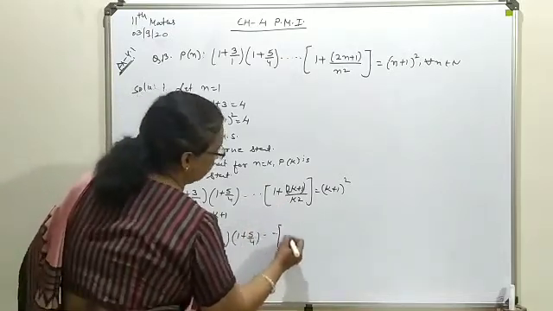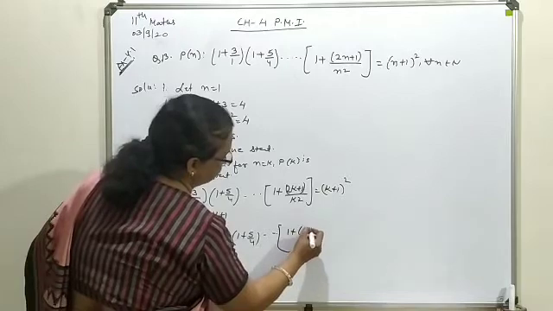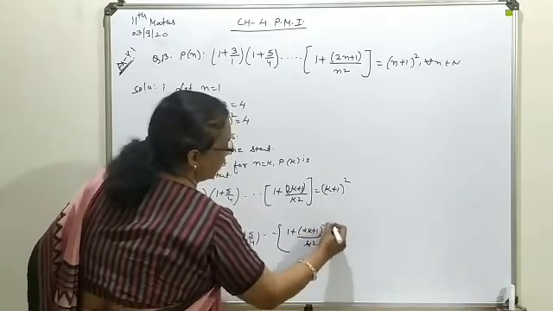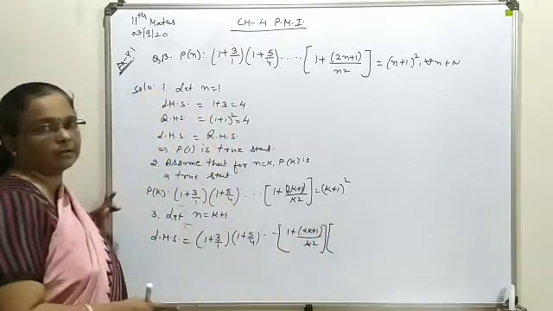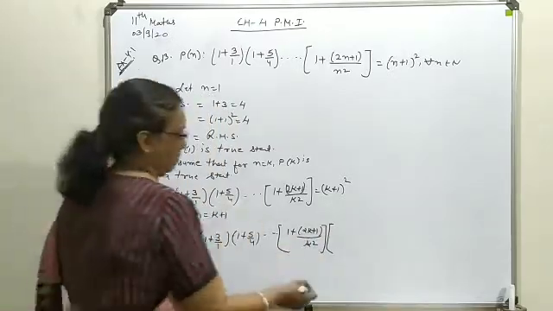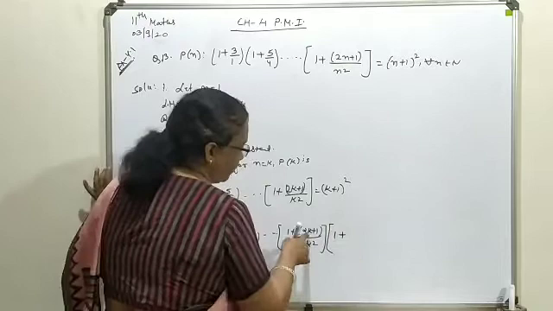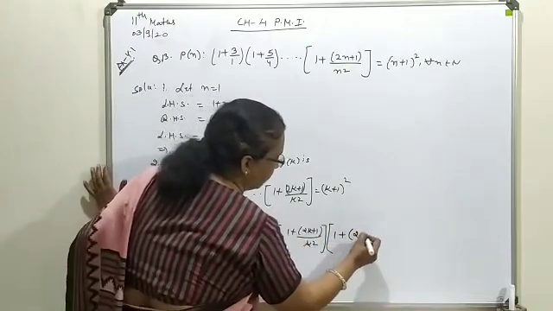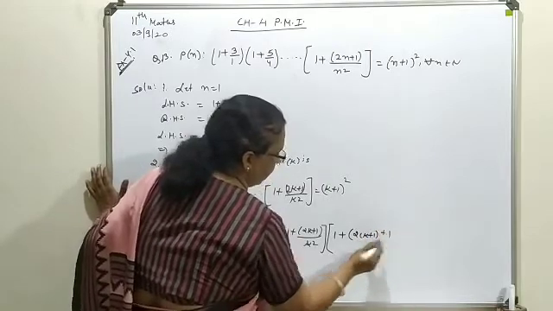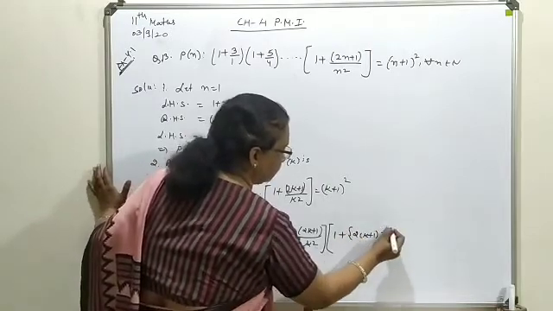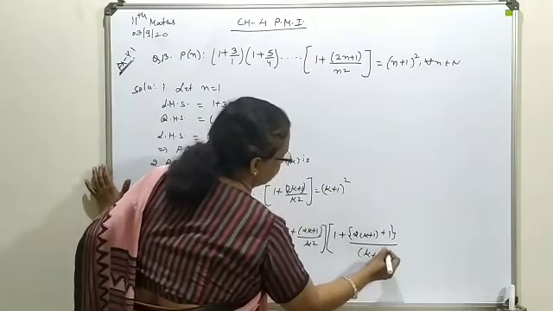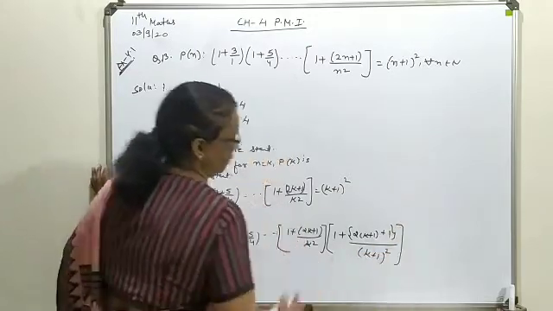So one additional term we have to introduce, that is your (k plus 1) term. So 1 you keep as such, in place of k we will write k plus 1, this plus 1 is already available, whole upon (k plus 1) whole square.